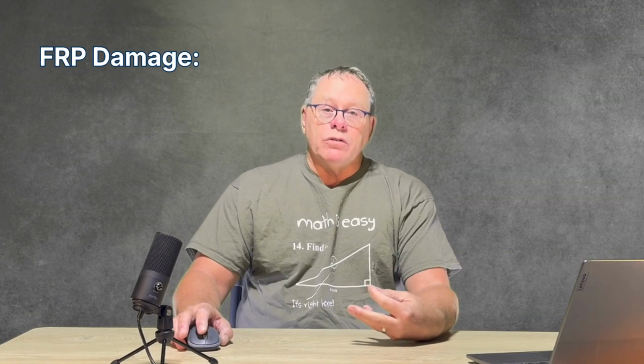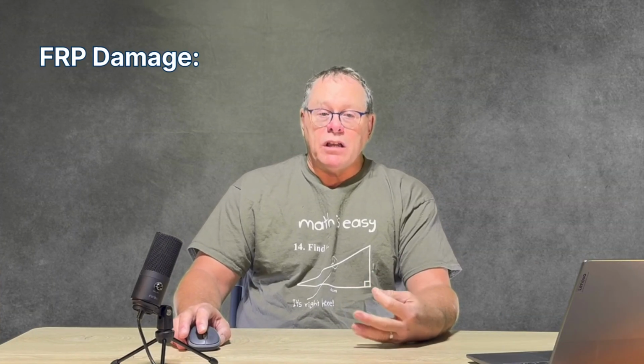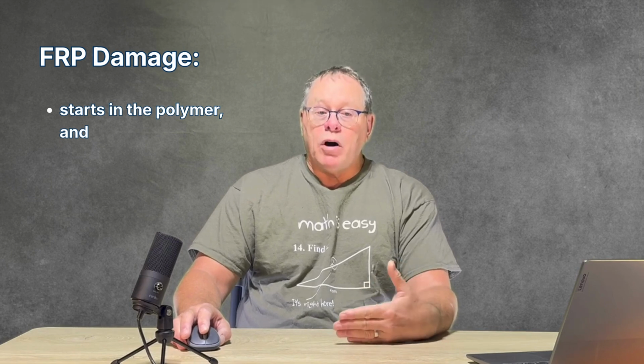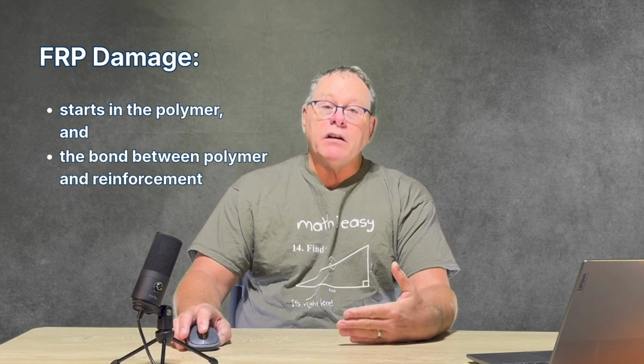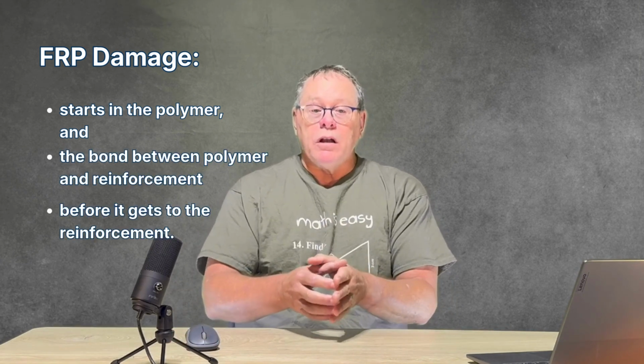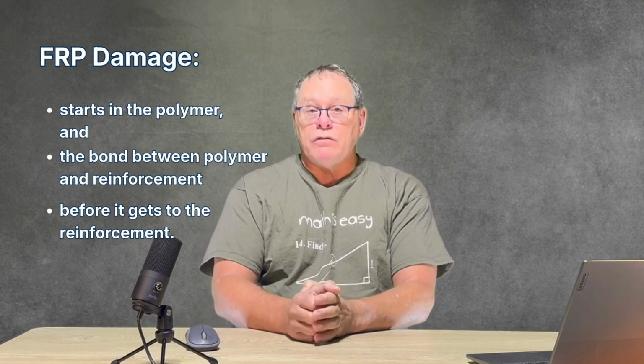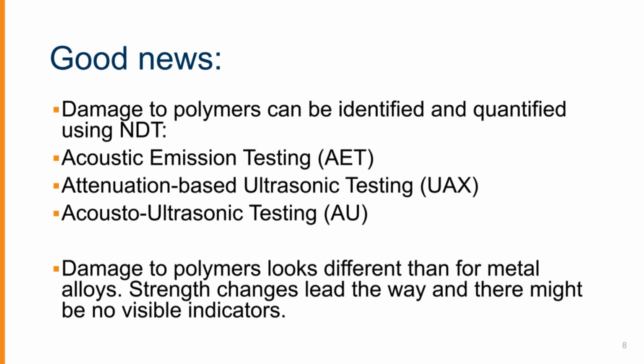In overview, damage to FRP starts with polymer and the bond of polymer to reinforcement before it gets to damage to the reinforcement. The good news is that damage to polymers can be identified and quantified using non-destructive testing.